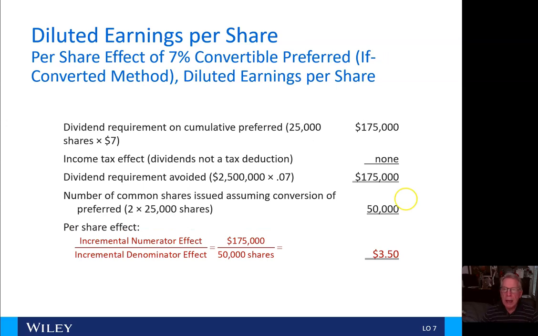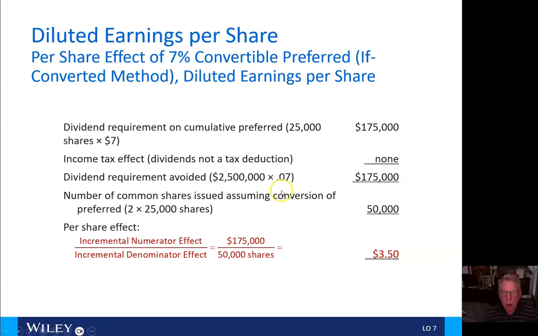Okay, now if we look at the 7% convertible preferred using the if converted method, I'll start out with 25,000 shares at $7, which gives me 175,000. Dividends are not a tax deduction, as everyone knows, so our dividend requirement avoided is going to be 175,000.